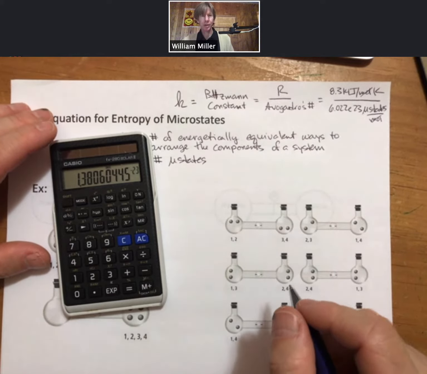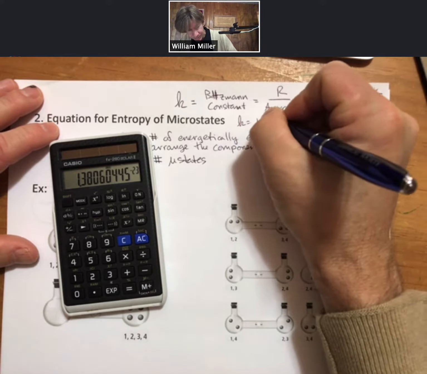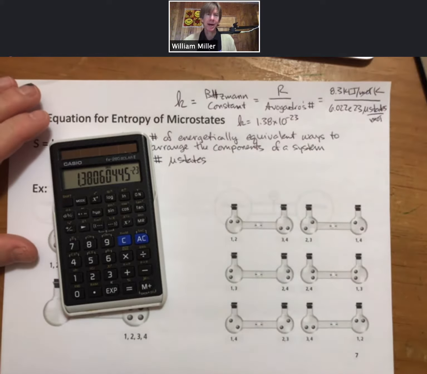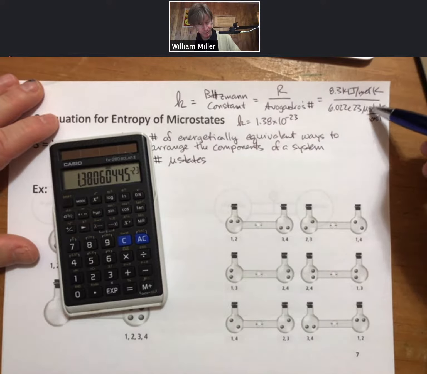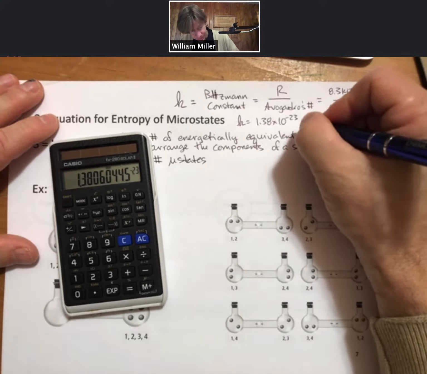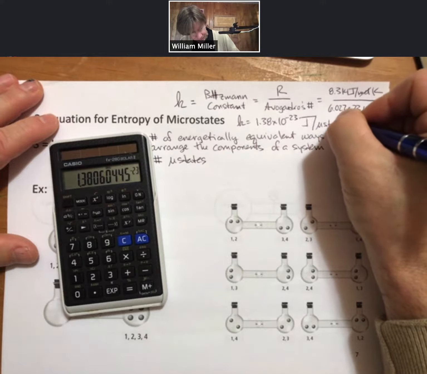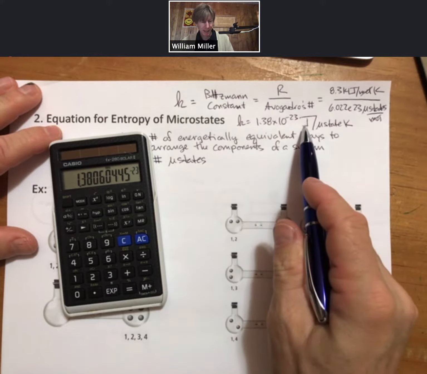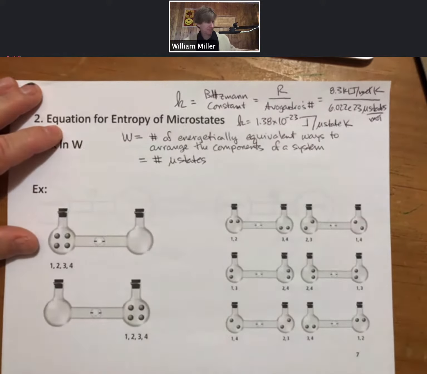I get 1.38 times 10 to the minus 23rd joules per microstate Kelvin, because this is the energy per Kelvin for a microstate.